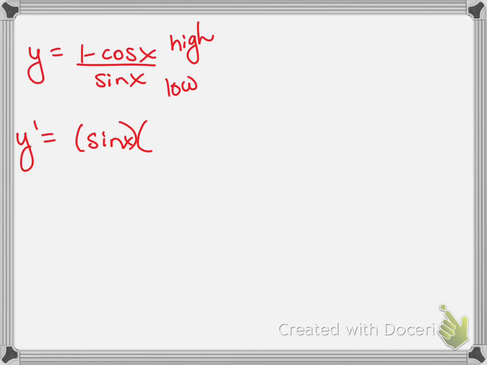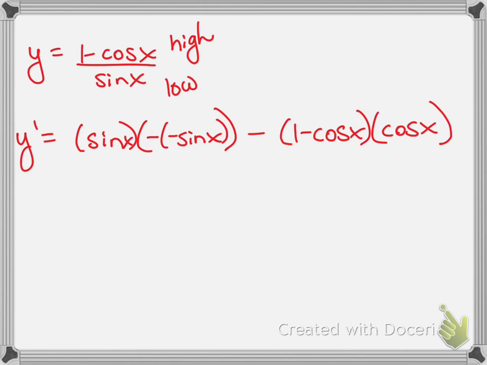Derivative of 1 is 0, and we got minus. The derivative of cosine is negative sine x. So that's low d high minus high, so write the high down. D low, the derivative of the low is cosine x, all over low squared.